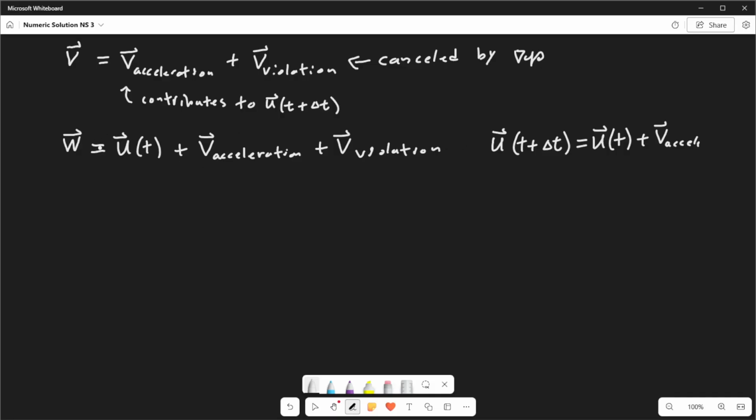And then what that means is, since the divergence of the U vector equals 0 at the next time step, the divergence of this will also equal 0. So taking the divergence of W, the entire divergence of W actually comes from the violation term.